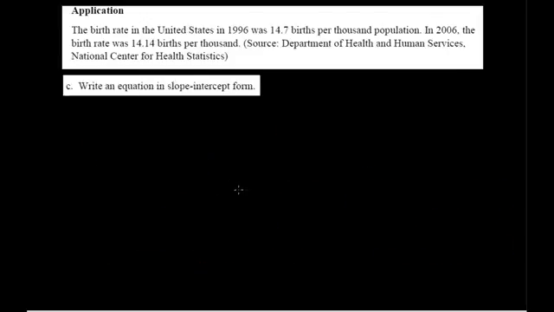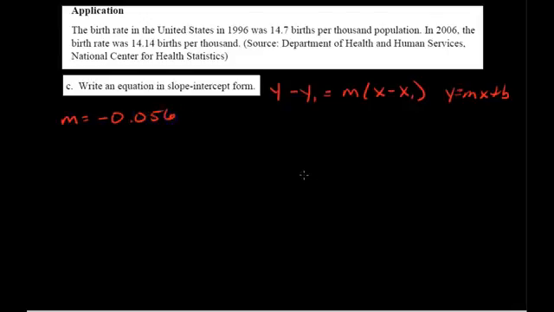Now we want to write an equation. We can use y minus y1 is equal to m times x minus x1. We can also just use y equals mx plus b. We'll do both. We know our slope is negative 0.056.